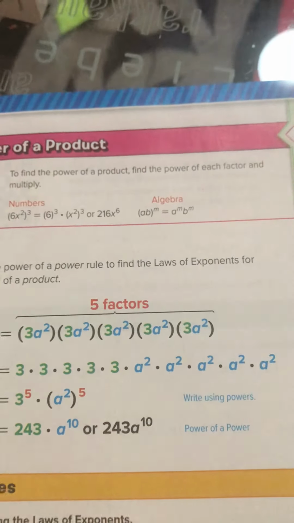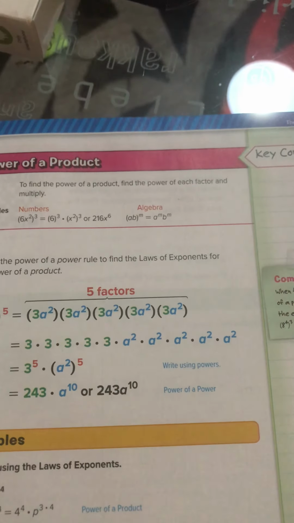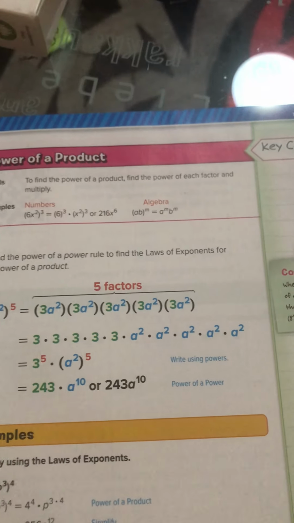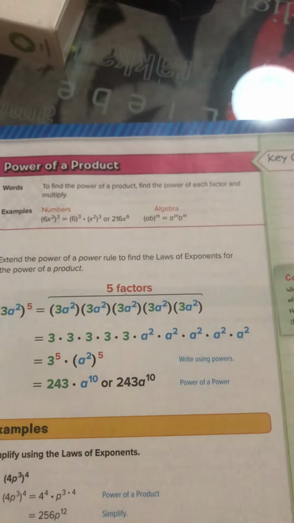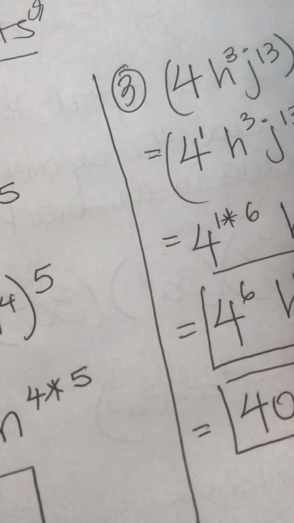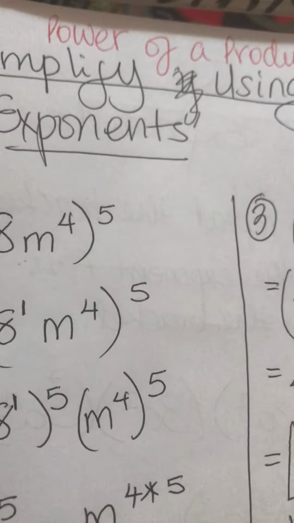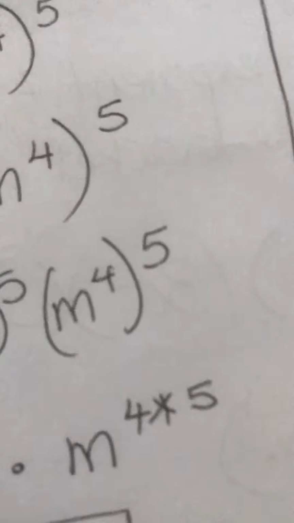That means you'll be multiplying two things or two powers, and then you will find the power of this answer. Okay? All right. So you're going to use the rules for simplifying using the laws of exponents.